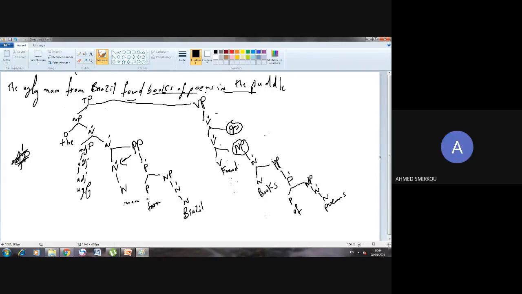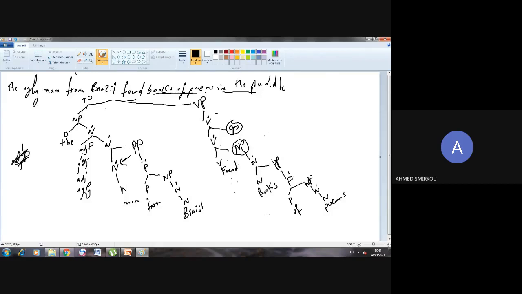So of poems refers to books, but in the parallel refers to the verb found. Of poems is a complement of books, but in the parallel is, we may say, ambiguous. It's ambiguous indeed. What is it that is in the parallel?